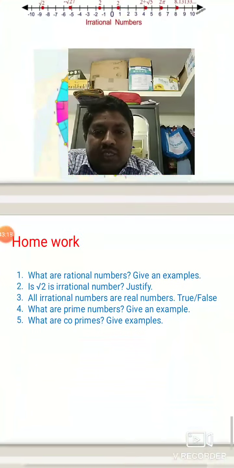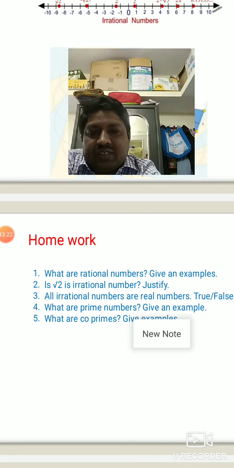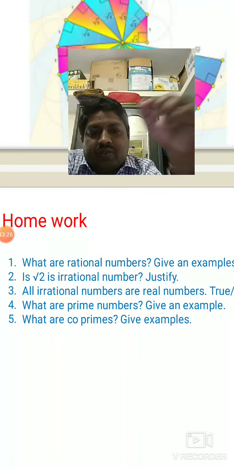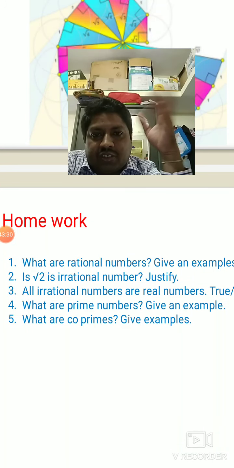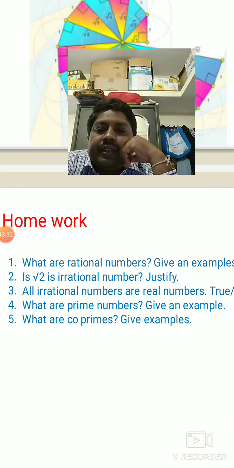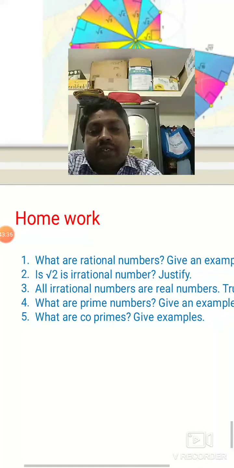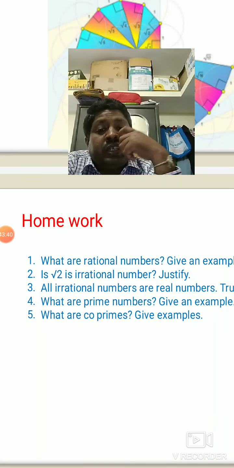Okay, so now we'll move to homework. So a small homework is given to you, just simple questions, don't worry, I am not giving much homework. Only 5 questions, not more than that. Every chapter you will have only 5 questions. What are rational numbers? Give an example. Is root 2 a rational number?